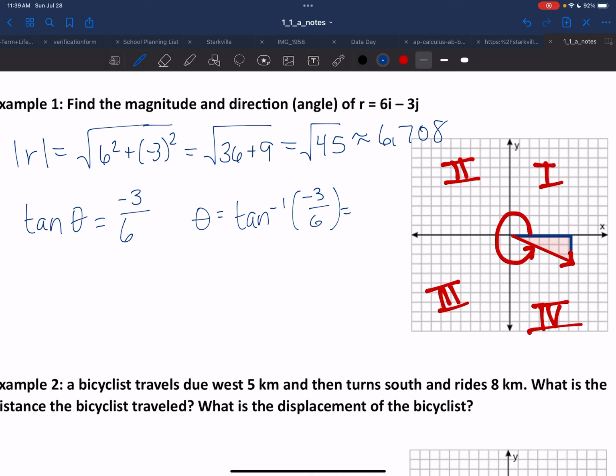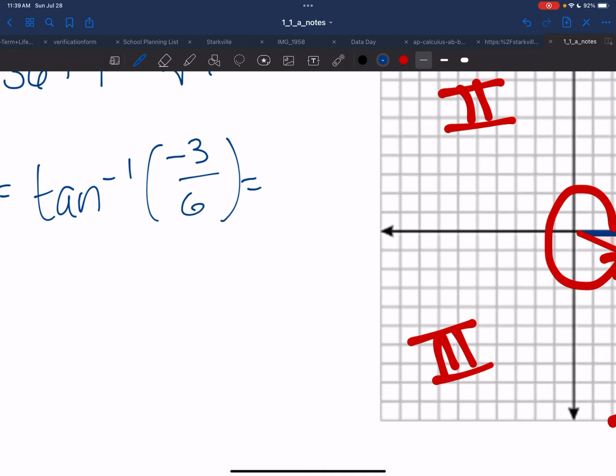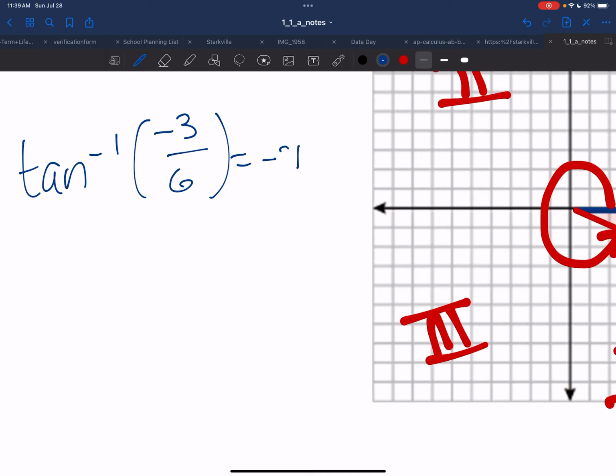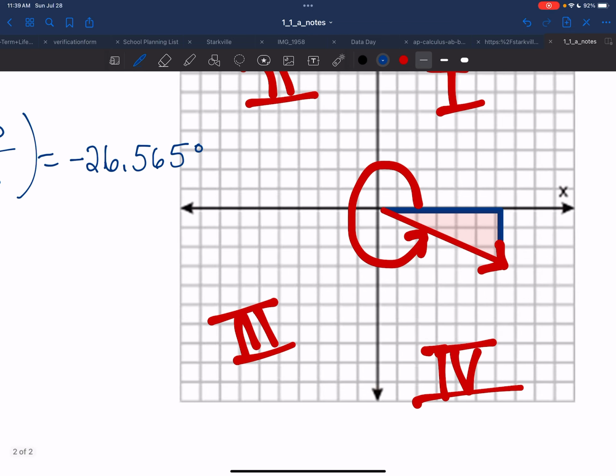And I'm going to actually get a negative number. That negative number is going to be negative 26.565 degrees. So that tells me that it's 26.565 degrees below the x-axis.